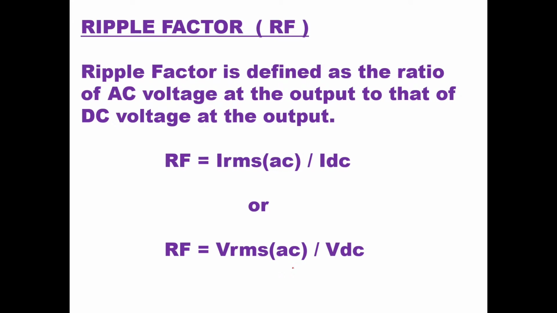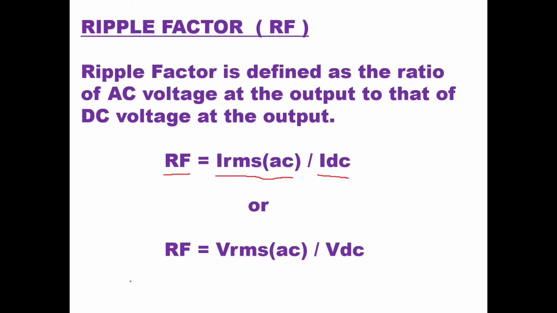Below we have given the definition in terms of expression. Ripple factor RF is equal to I_RMS, which is the AC quantity, upon I_DC, which is the DC quantity. So AC current upon DC current at the output is called ripple factor.